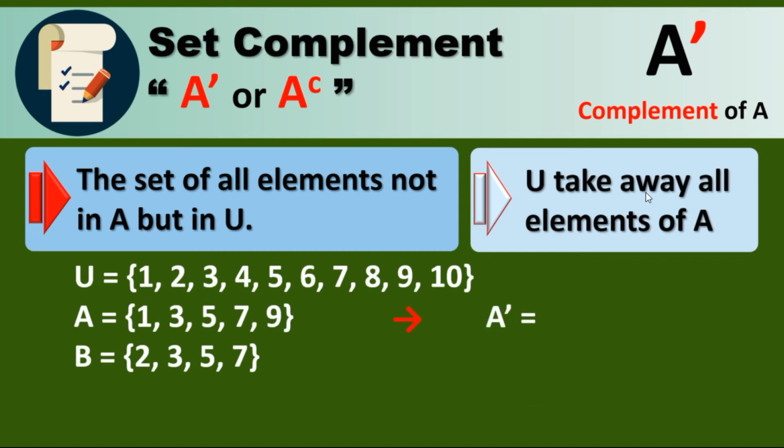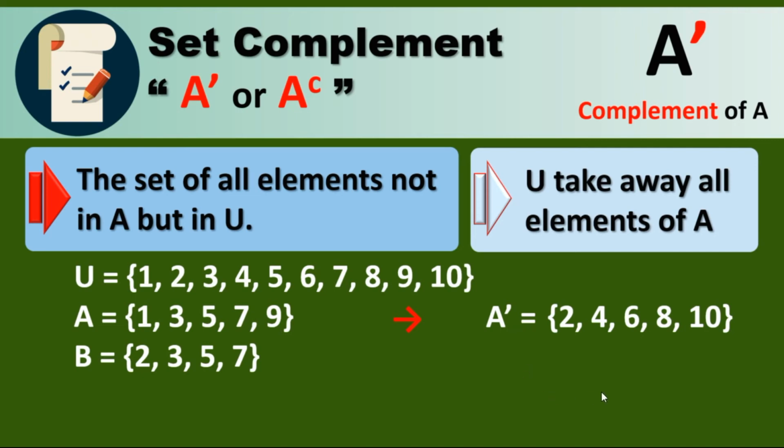A prime or complement of A is all elements of the universal set not in A. What is left? 2, 4, 6, 8, and 10. Since A already contains 1, 3, 5, 7, and 9, we should not include it in A complement.